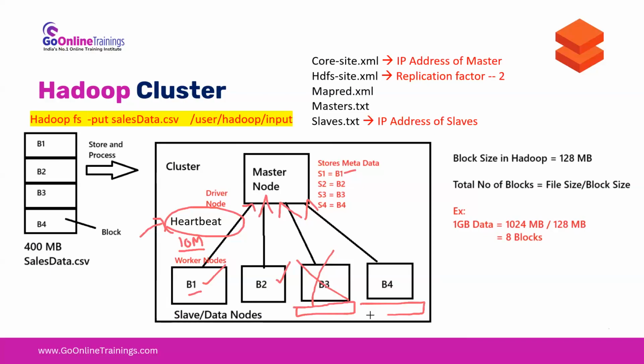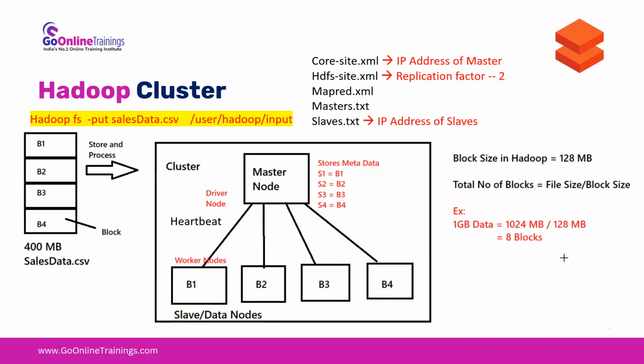Your laptop will be one node, my laptop will be one more node. We can install the software and configure it, and all of them are working together. If one laptop is not sending any heartbeat for more than 10 minutes, the master computer will decide this is not working perfectly. If it is not working, what should we do?